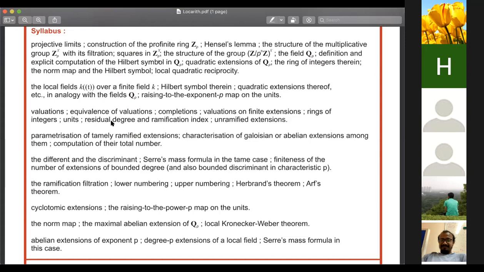Then there's this notion of residual degree and ramification index, etc. So this will be a sort of general theory of valued fields. These are fields which have a valuation, and that controls quite a bit of the arithmetic of the field, especially the ones which are complete for this valuation.